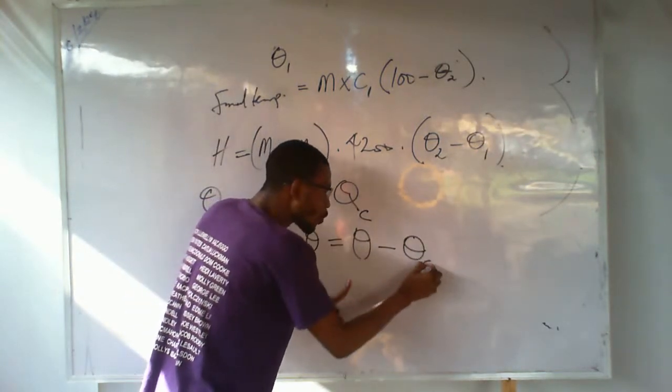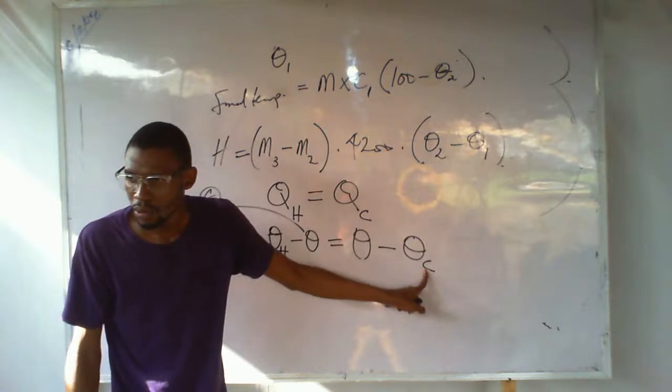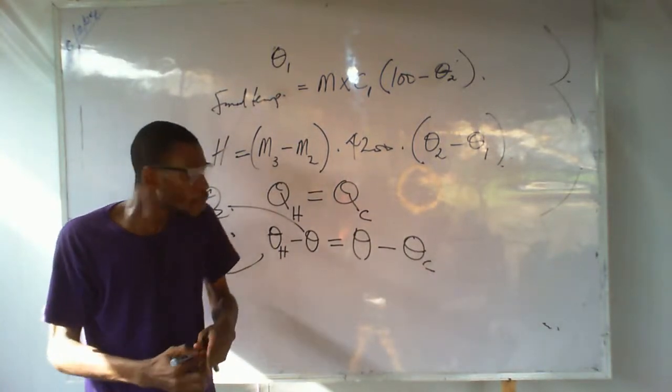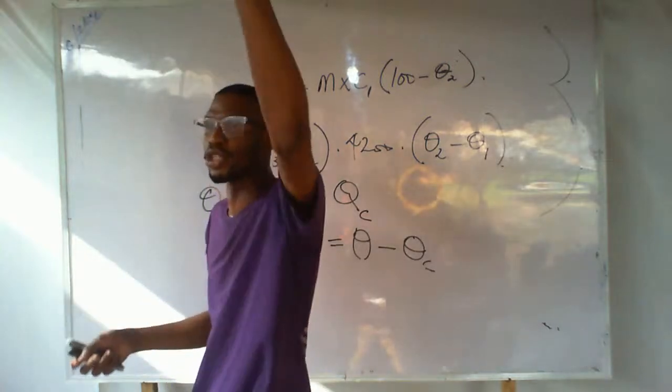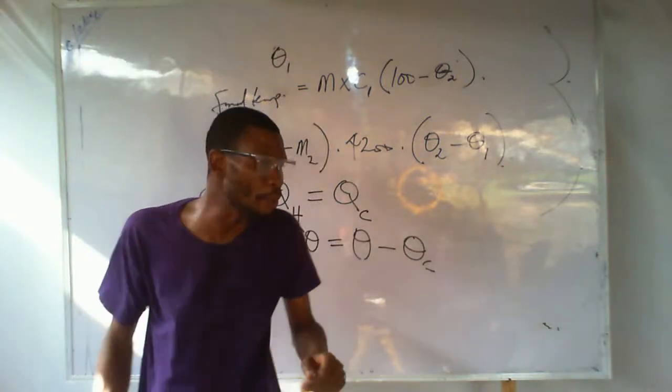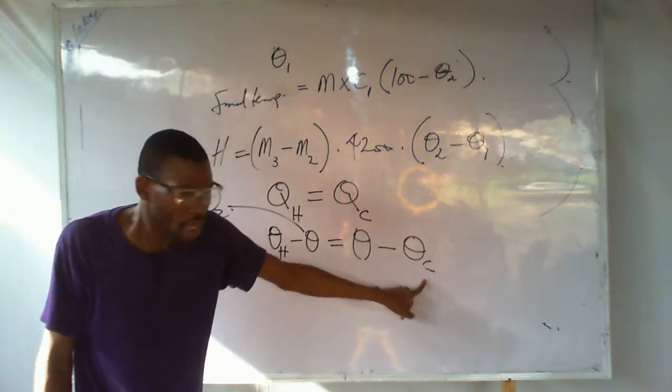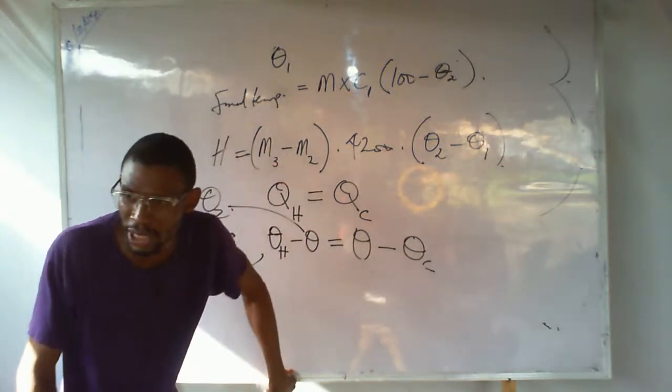Minus the temperature of the cooler body, because the cooler body is going to rise in temperature. Now between these two, there is a temperature range. This one is the one losing heat to the cooler body.